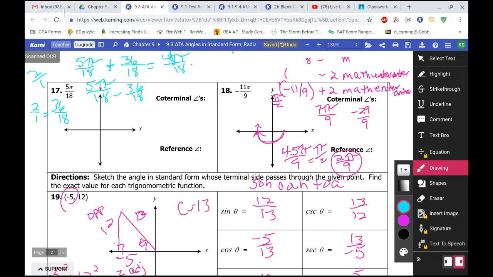Once I've found my 2 pi equivalent, which is 36 over 18, I'm just going to subtract it this time, which is going to be -31 pi over 18. It's like you add 360 and subtract 360. Once I've got that 2 pi equivalent, I'm just going to either add it or subtract it.